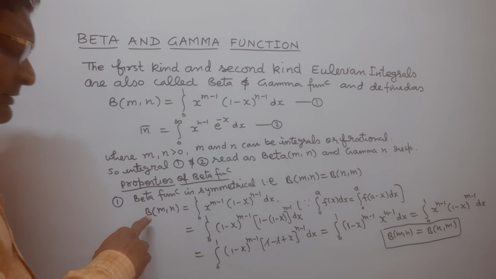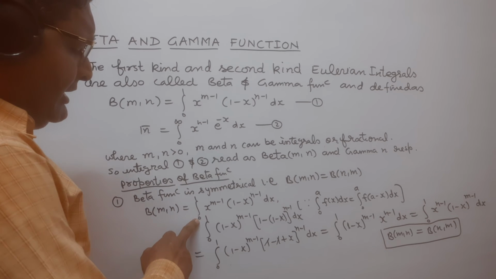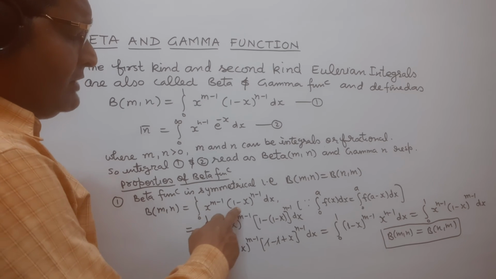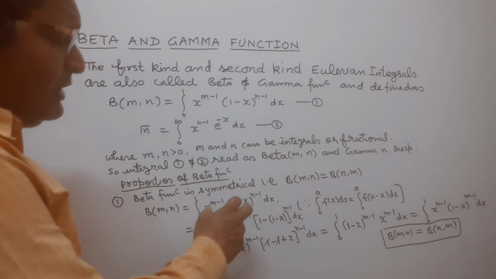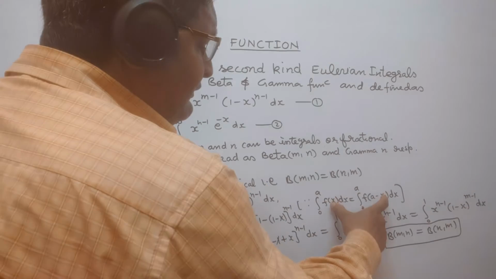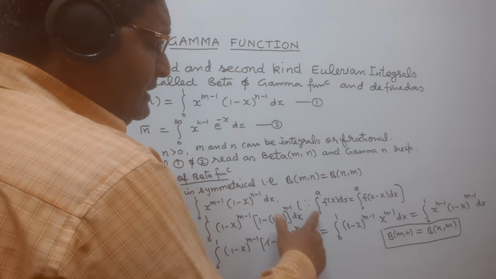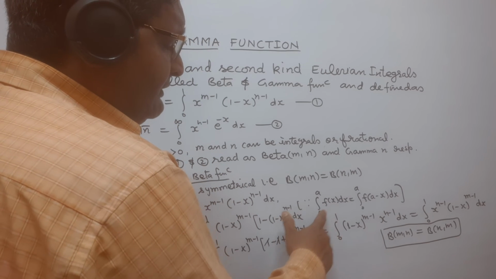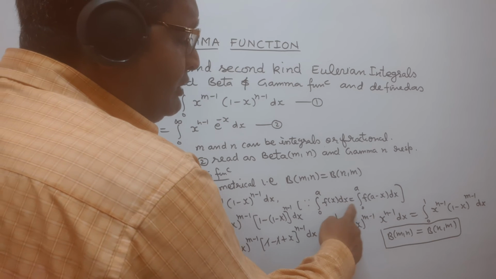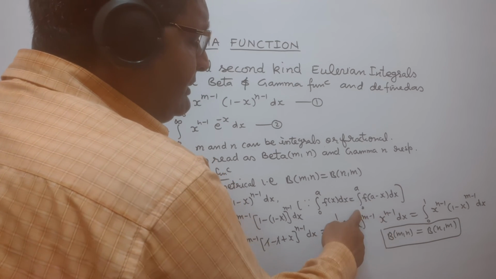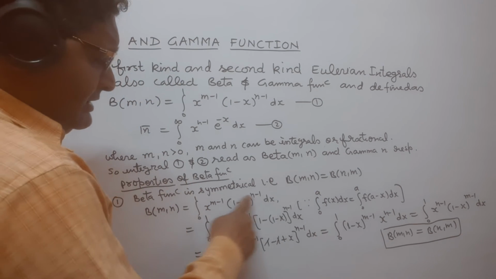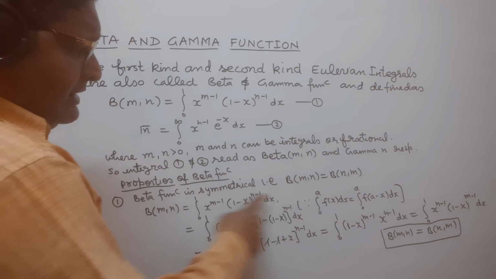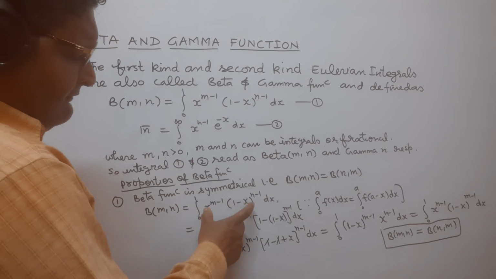So we know that beta m, n is equal to integral 0 to 1 x to the power m minus 1, (1 minus x) to the power n minus 1 dx. Now here we use the property of definite integral, that is, integral of f(x) between the limits 0 to a is equal to integral of f(a minus x) between the limits 0 to a. Comparing this, we can see a is equal to 1 and f(x) is this.